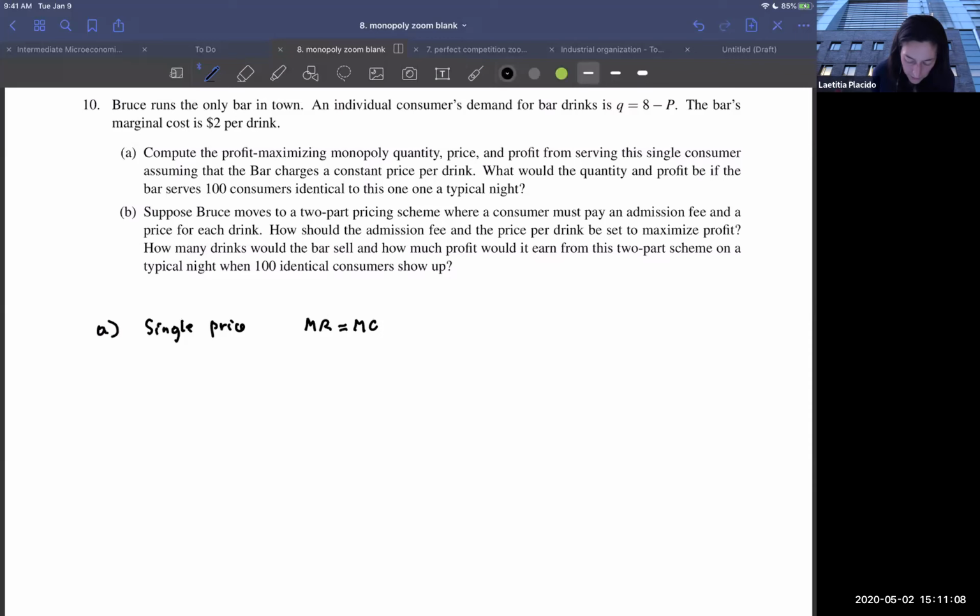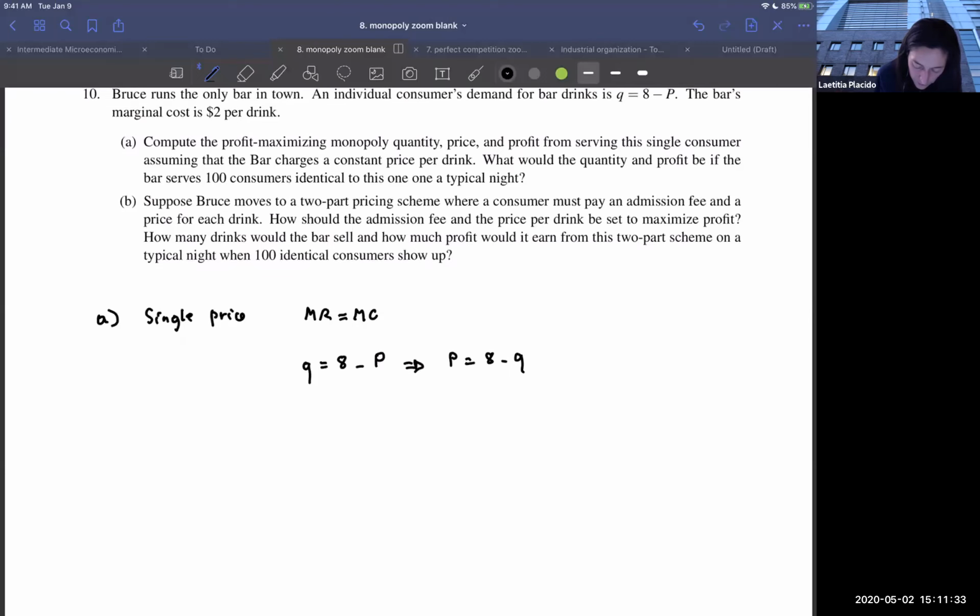What is MR? We have the demand of one consumer, which is 8 minus P. So we first invert to get the inverse demand: P equals 8 minus Q. And once we have the inverse demand, we can get the marginal revenue. You keep the same intercept as the inverse demand and you double the slope.